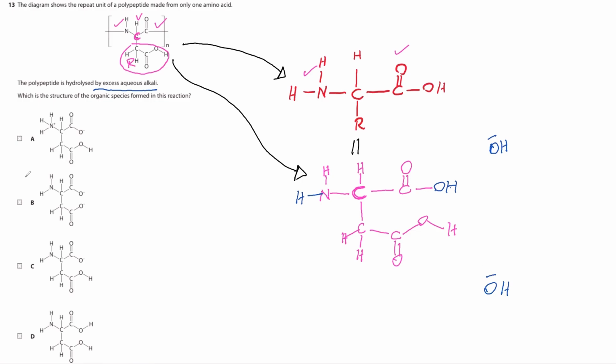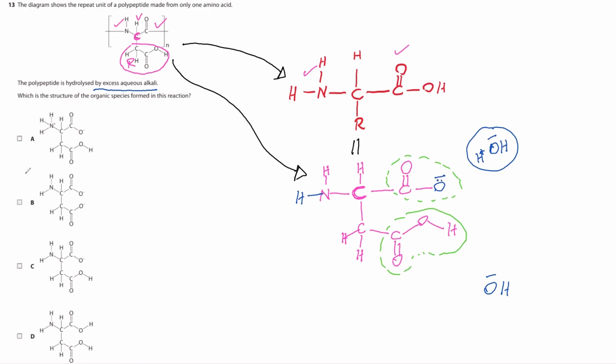Where do we have acids? The COOH group is a carboxylic acid group, and here also there's a COOH group. They will lose their hydrogen atom as an H plus ion. So this hydrogen atom will move out as an H plus ion to combine with an OH minus ion to form a water molecule. This will become minus then.